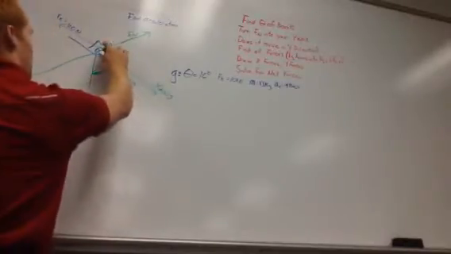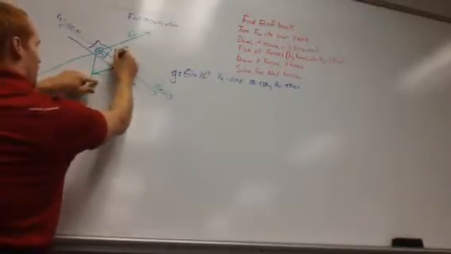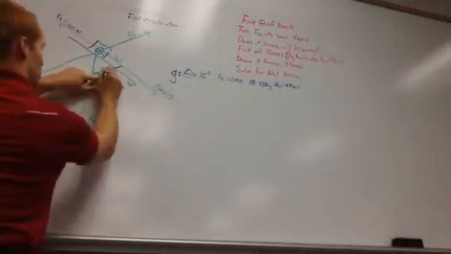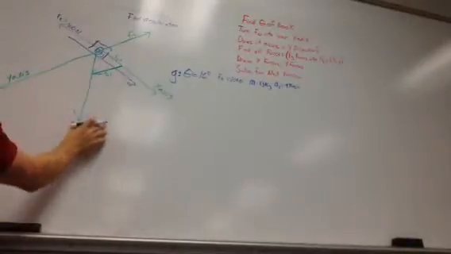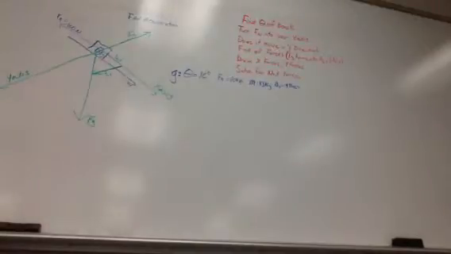So now this is our force of gravity in the x direction, and this is the force of gravity in the y direction. So now we have those two. That's breaking down this force of gravity, because it's not going in one direction, it's going in two directions.